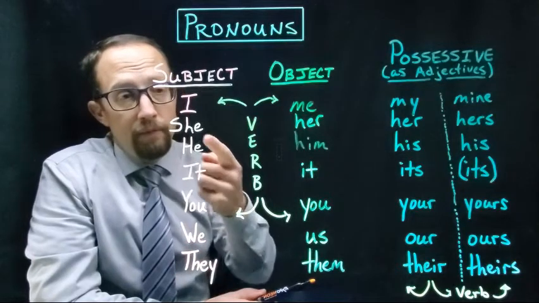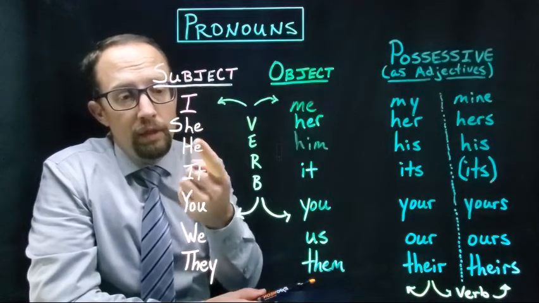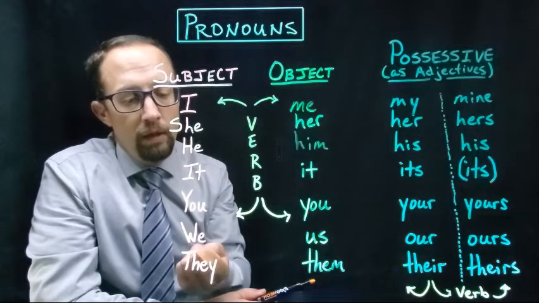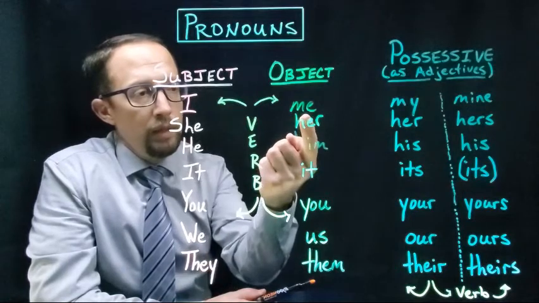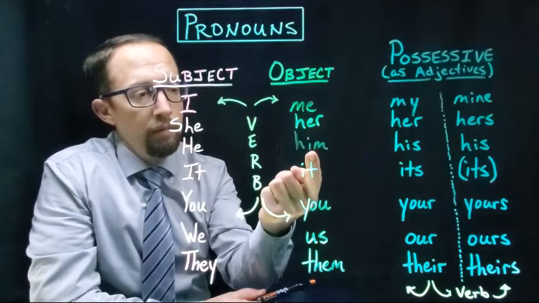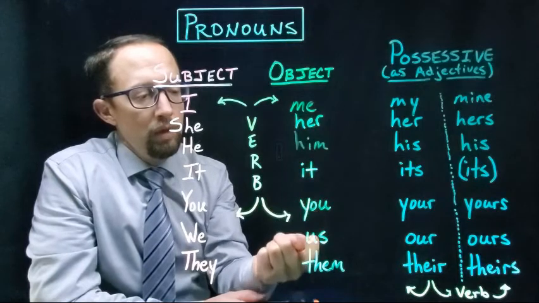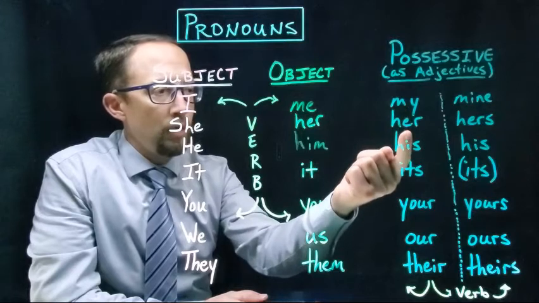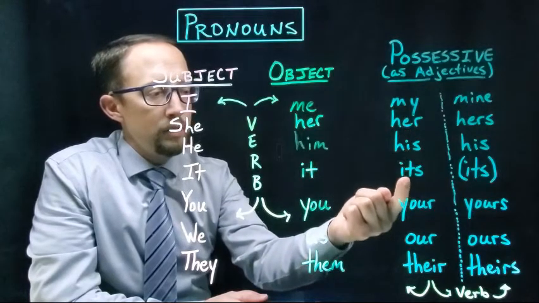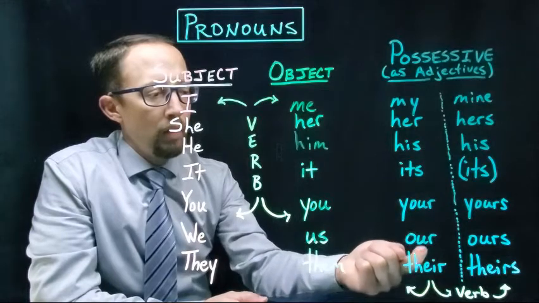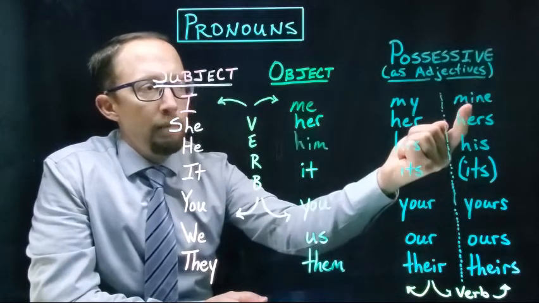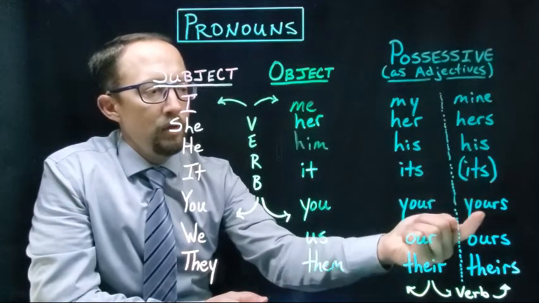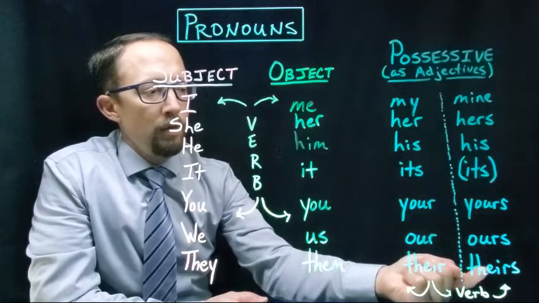But you want to write down I, she, he, it, you, we, they, me, her, him, it, you, us, them, my, her, his, its, your, our, their, mine, hers, his, its, yours, ours, theirs.